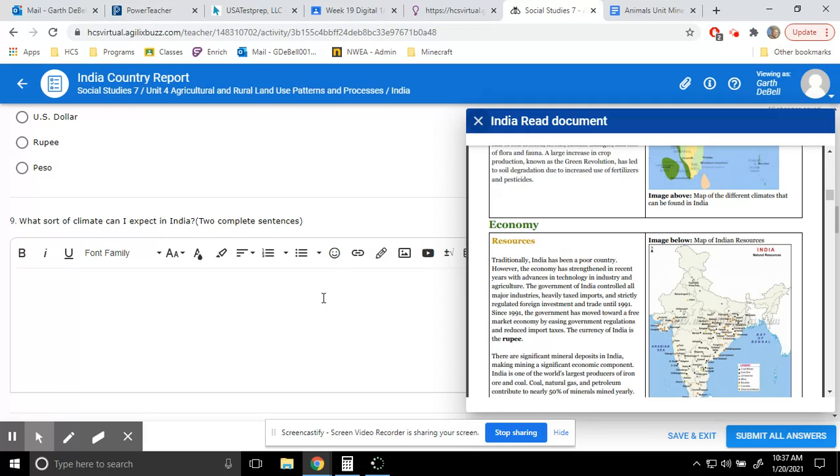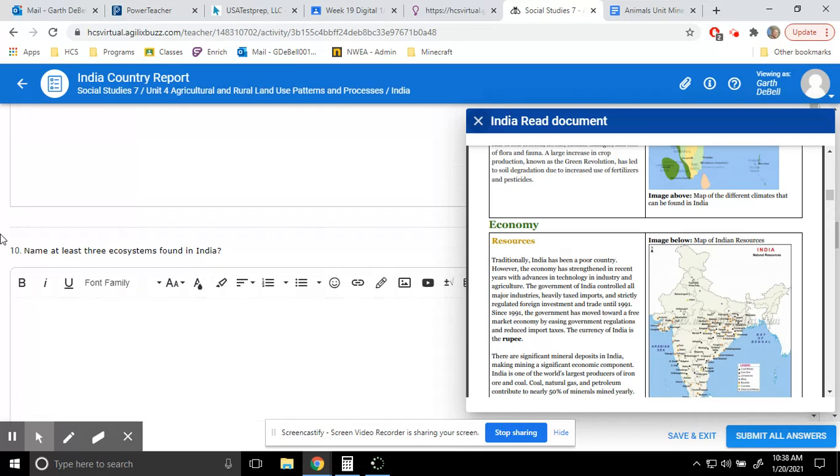People were giving me really, really bad answers. And you can't really explain the different climates that you're going to have in just a sentence. Most countries are large enough, or at least most of the ones that are on our list are large enough that they can have multiple types of climates.